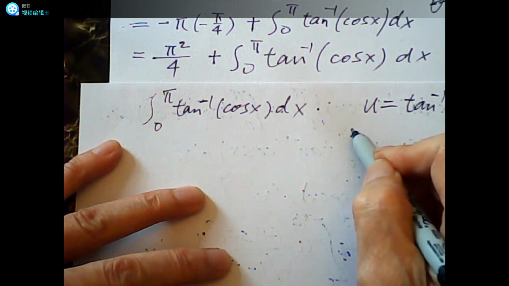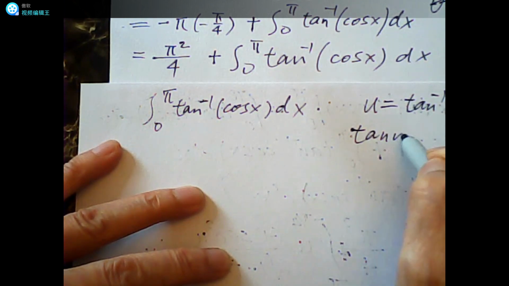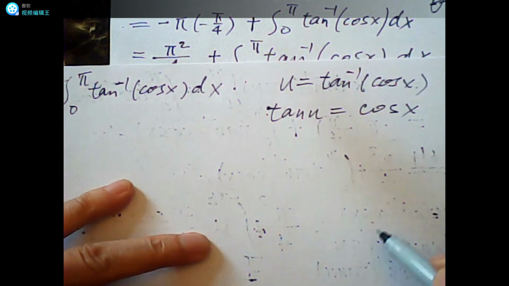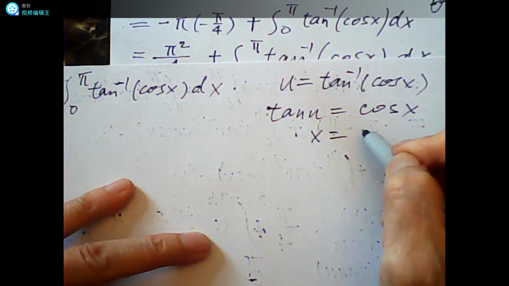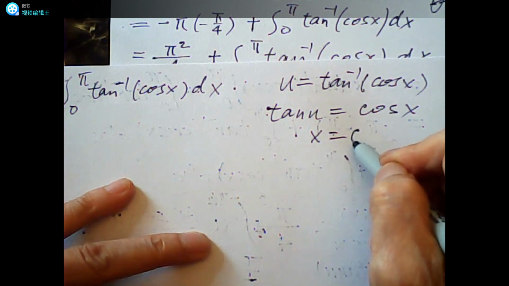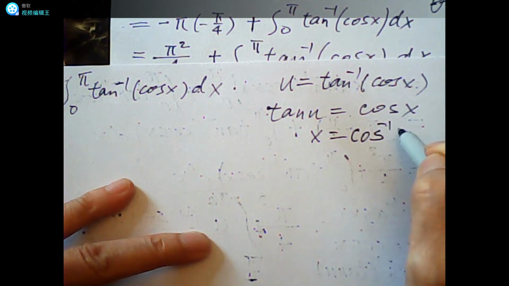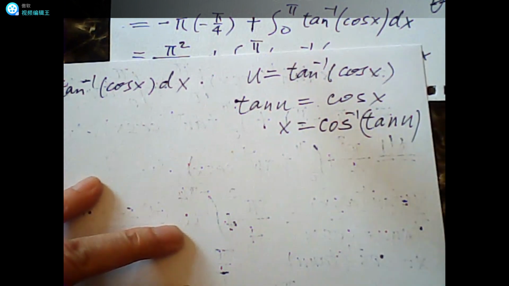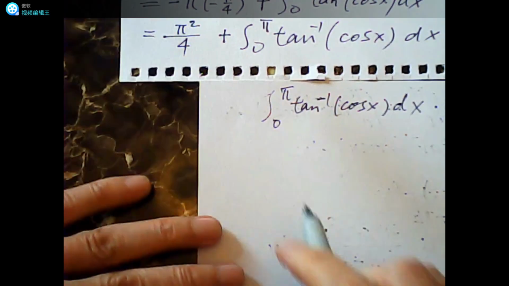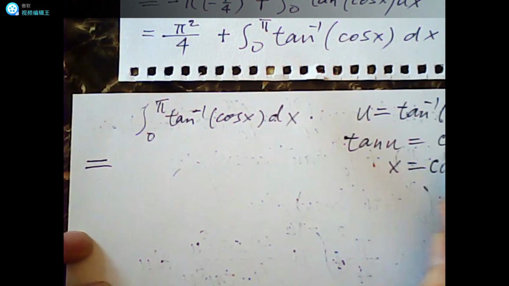Then tangent u is equal to cosine x. Then x is equal to arccosine tangent u. So I can do this integral by substitution.